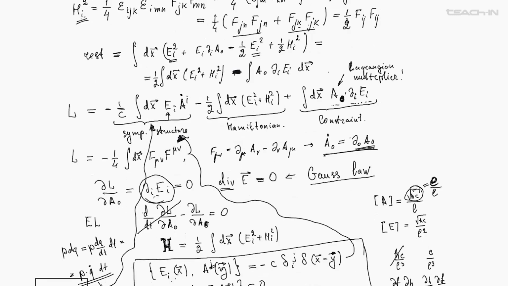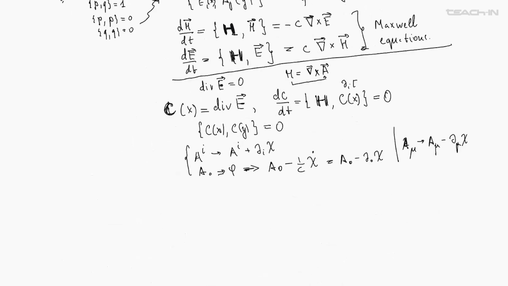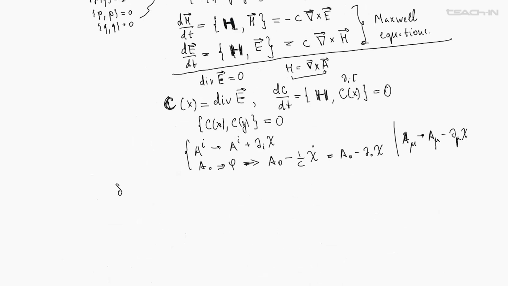And so the variation of the Lagrangian under gauge transformation takes the following form: -1/c integral dx E_i. This is from the symplectic structure. And then A_i dot will be changed to d_i chi dot.